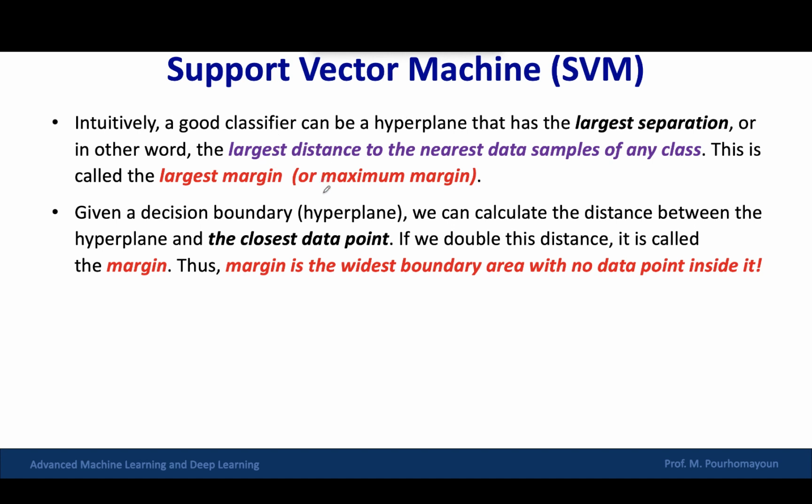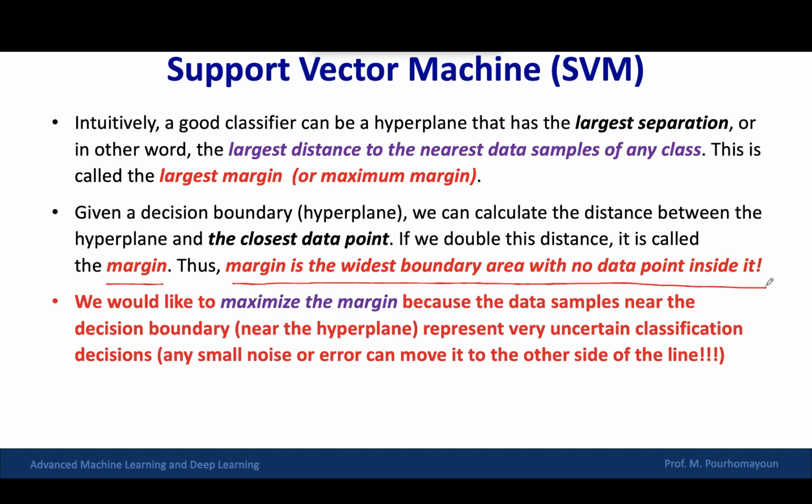Given a decision boundary, or given this classifier, this hyperplane, we can calculate the distance between the hyperplane and the closest data points. If we double this size, we call it the margin. So the margin is the widest boundary area with no data point in it. We would like to maximize the margin. So this is the goal.